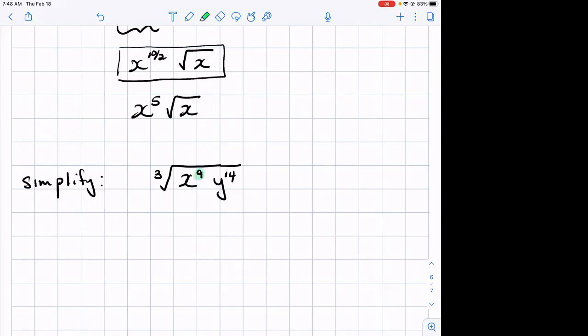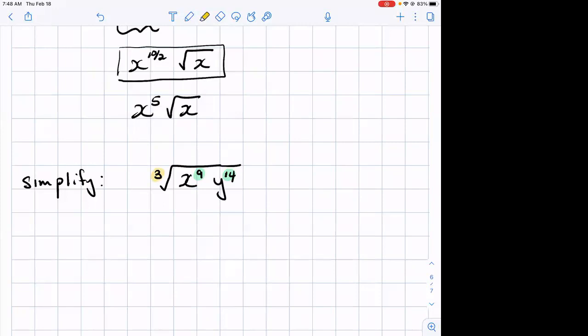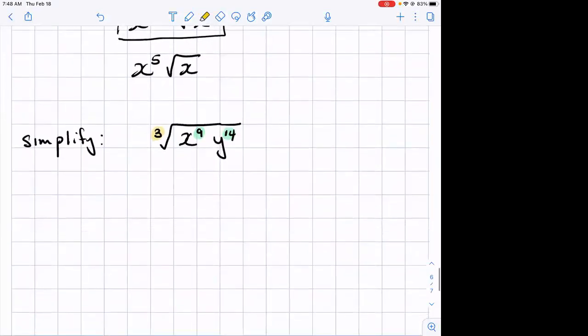We have a 9 and we have a 14. 9 is divisible by the index of the radical, 3. 14 is not divisible. So what number is divisible by 3 that's just below 14?